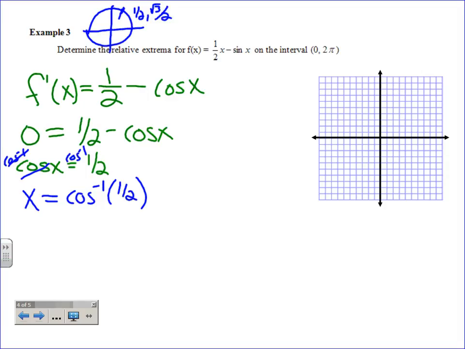Cosine's the x value, and it is the smaller of the two. So it happens where was the first one? Pi over 3. Okay, does it happen again? Where? Where's that? Which quadrant is that in? Are you sure? How are you so positive? She may have looked at the unit circle.